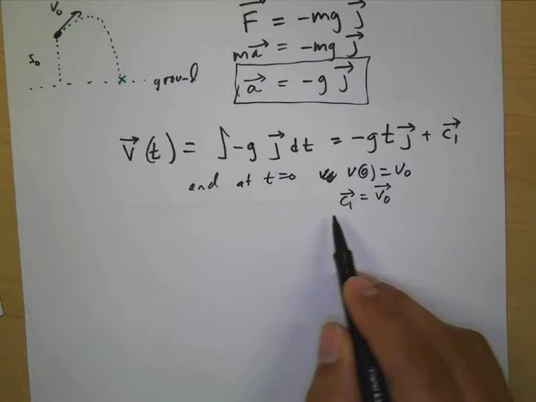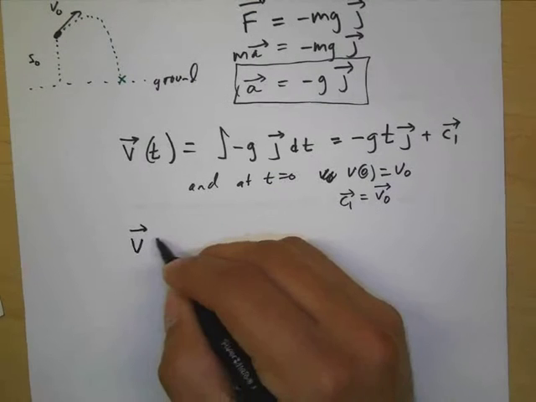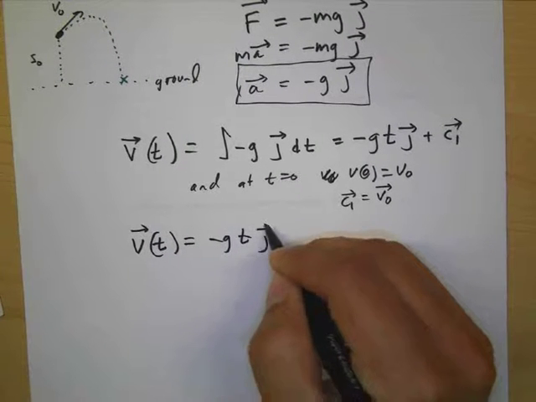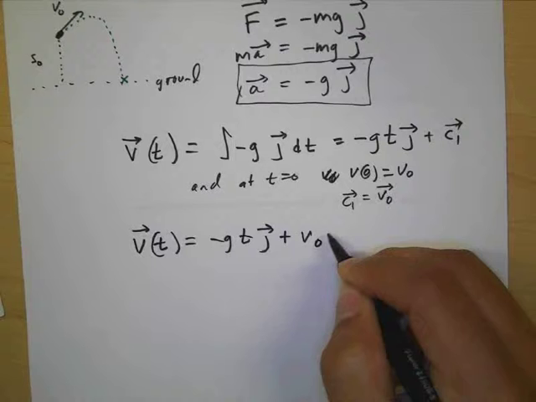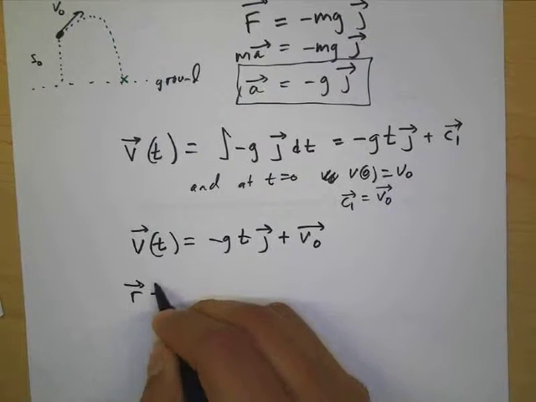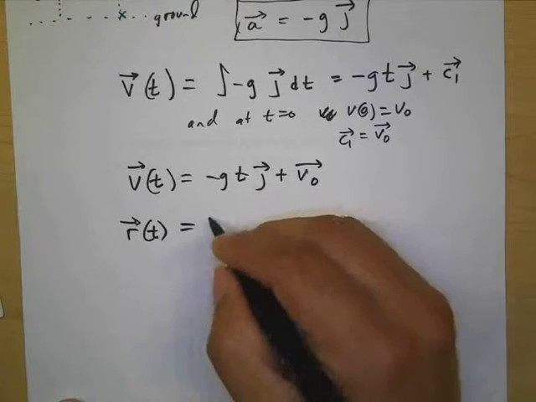Okay. So we have this. And now if I want to find position, we can find the integral of v of t.